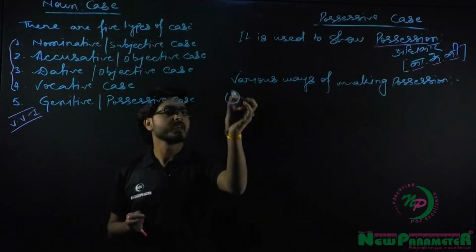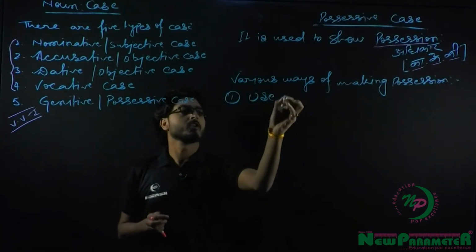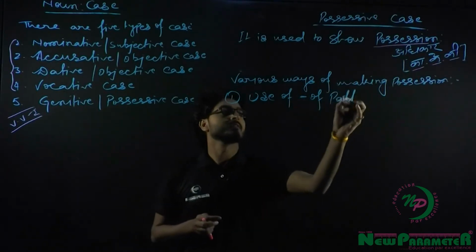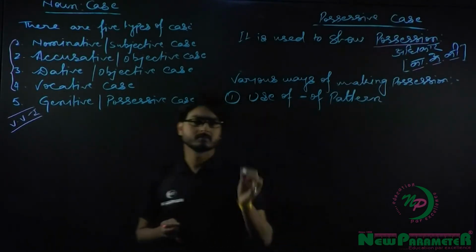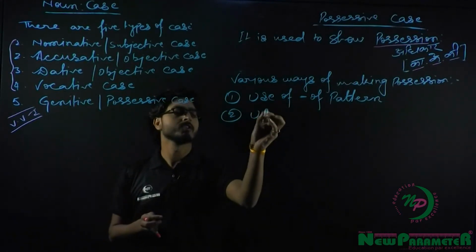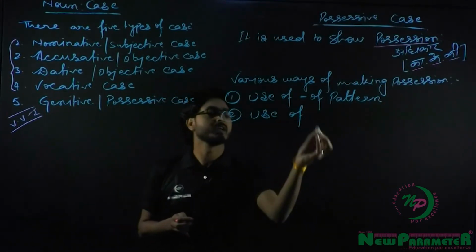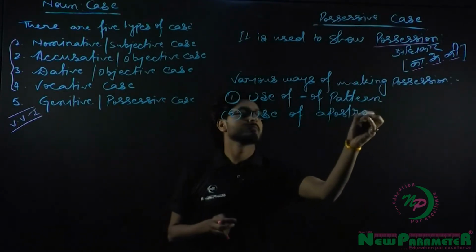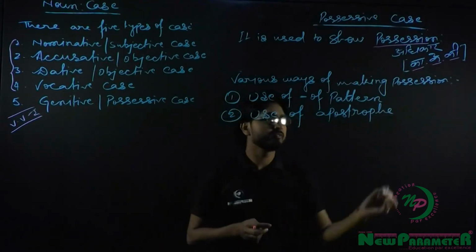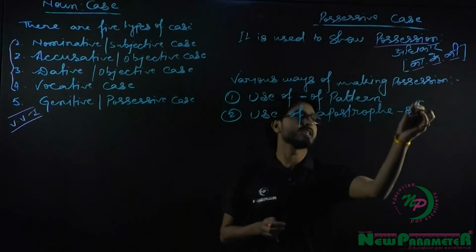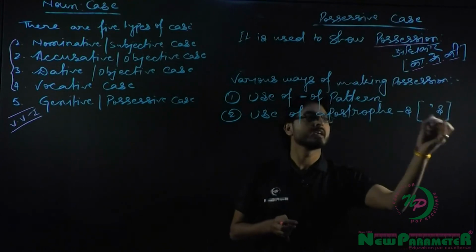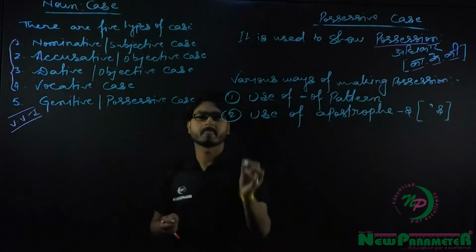First of all, we have use of of pattern. The second one is use of apostrophe s. See, this is called apostrophe and this is called s. Apostrophe s.